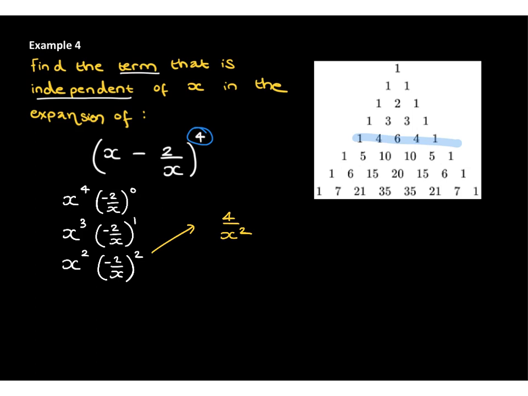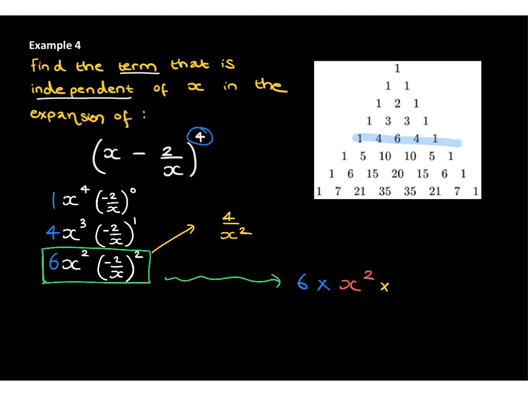Now it's important that we include the correct coefficient from Pascal's triangle, so 1, 4, 6. So this is the overall term that we are looking at. Let's simplify it a little bit further. Let's take that over here. So we have 6 from Pascal's triangle. We have an x squared, which is part of the expansion.